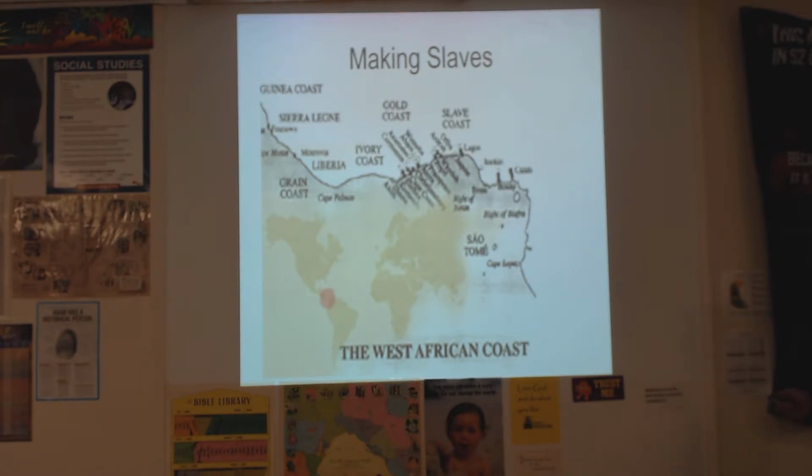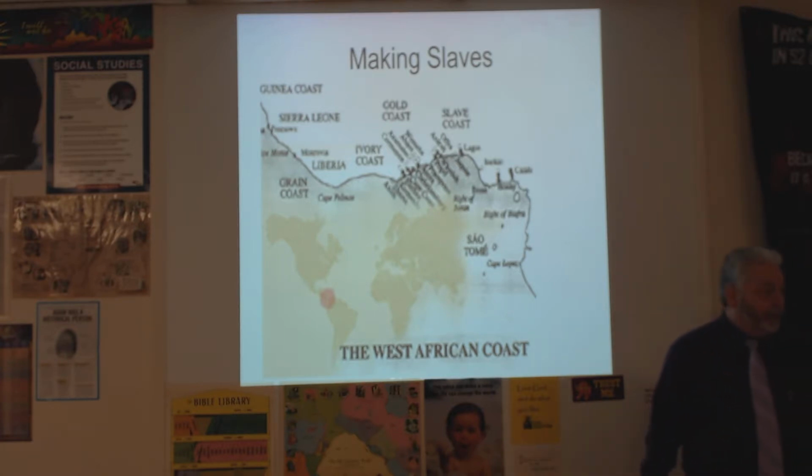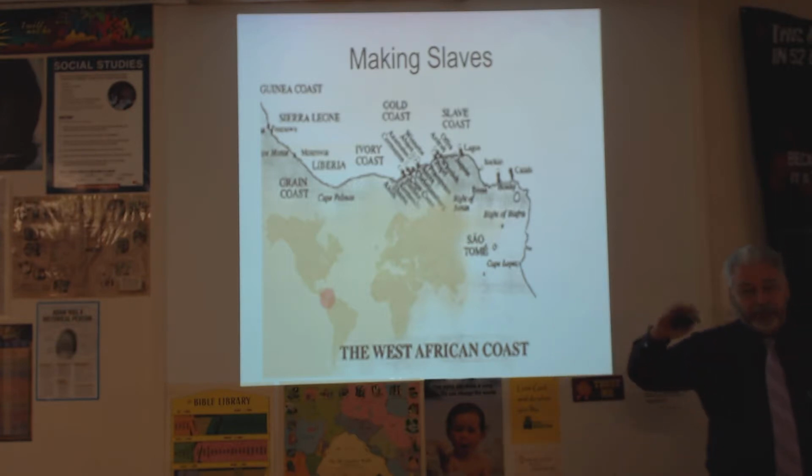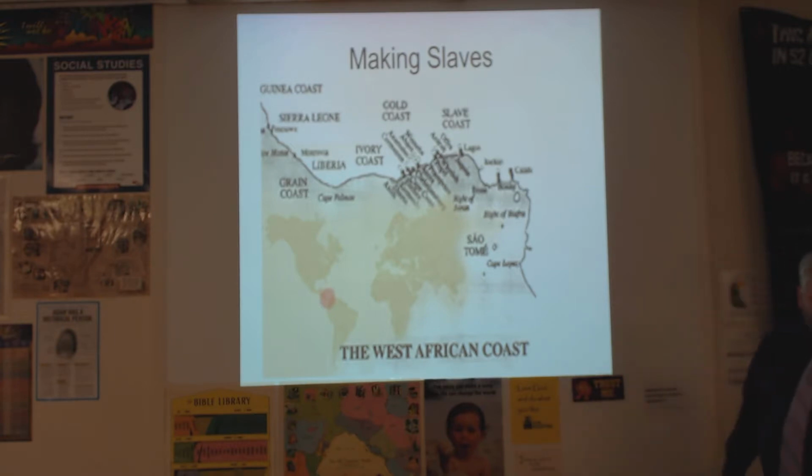So European ships would come into these ports and buy slaves from the local African slave traders who had gotten them from the interior of Africa, buying them from African tribes who enslaved other African tribes. Some of them would even go out looking for people to enslave. So, hide in the bushes somewhere, and you see a person walking by that might make a good slave, and you capture him, kidnap him. But it starts with Africans enslaving Africans and then selling them to Europeans.